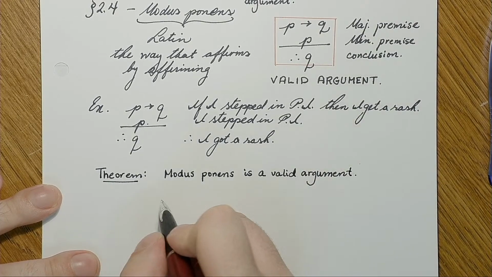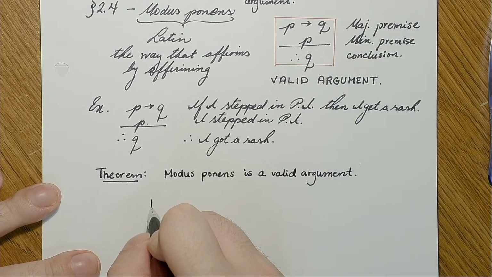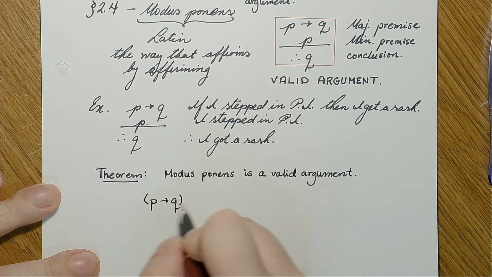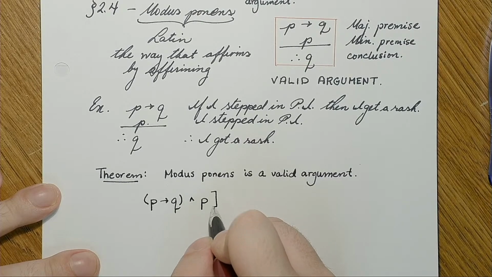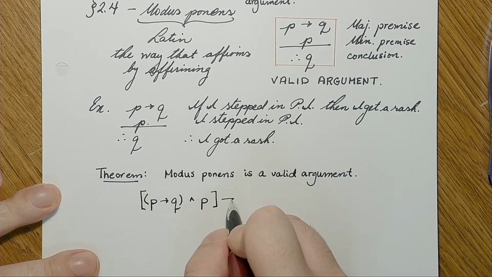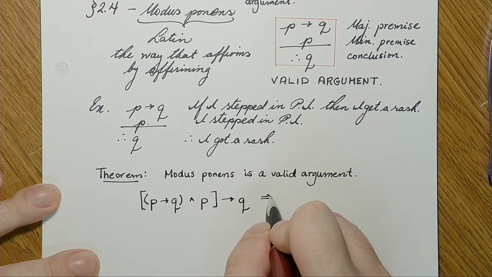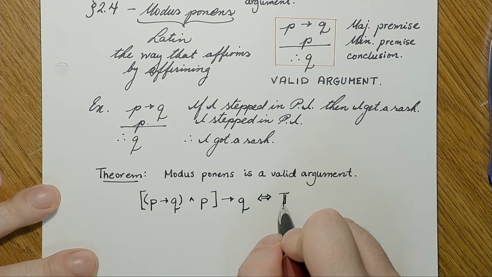Or equivalently, we could write that as taking the two premises, so we have P implies Q and P implying the conclusion Q is a tautology.